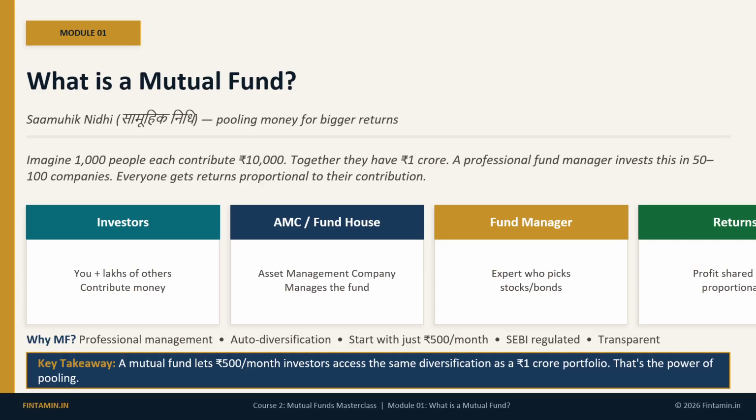Before mutual funds, if you had 10,000 rupees to invest, you could buy shares of maybe one or two companies. With a mutual fund, your 10,000 rupees instantly buys a piece of 50 to 100 carefully selected companies. This is the power of pooling.